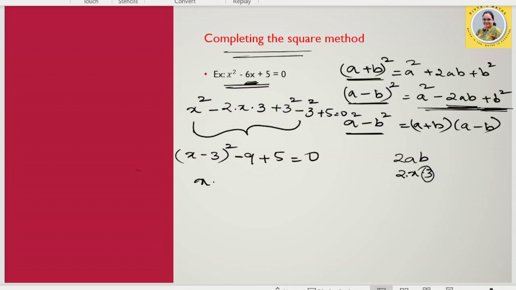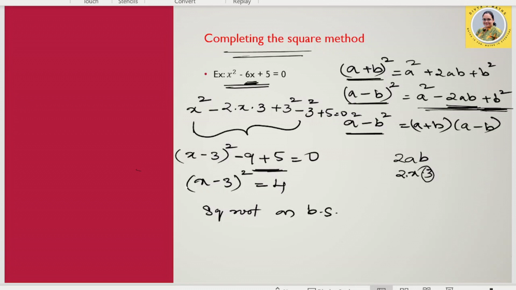So you will have x minus 3 whole square is equal to, I'm just sending this minus 9 plus 5 to RHS, which becomes 4. Now we have this x minus 3 whole square, which is in the form of a minus b whole square. Now let us take square root on both sides.